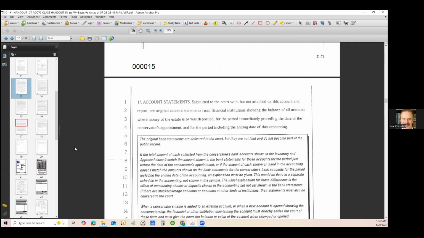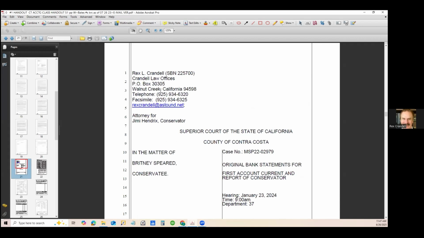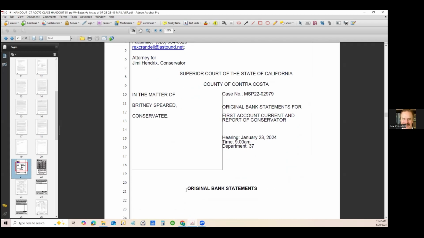They are submitted confidentially. I will show you within the sample, I create a separate cover page that states these are the original bank statements for my first account. I will state original bank statements. I myself like to add Morgan Stanley account 1234 from this date to this date.